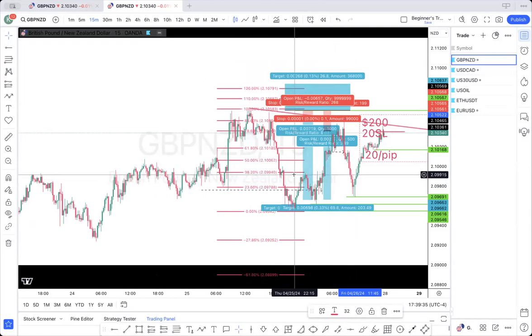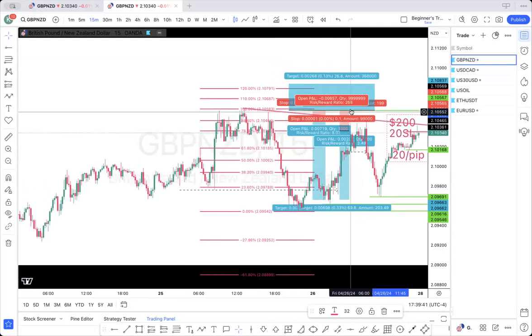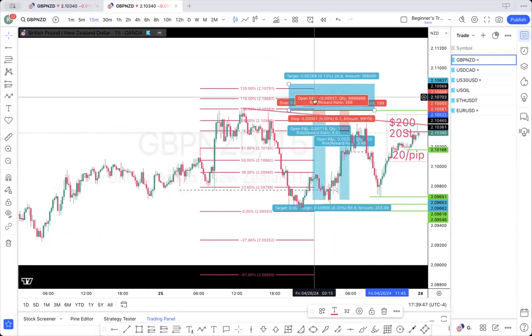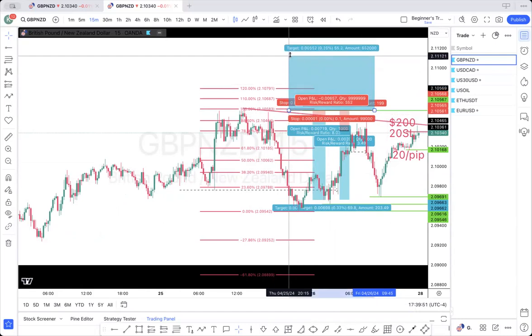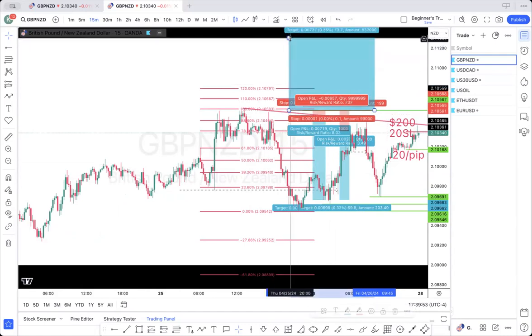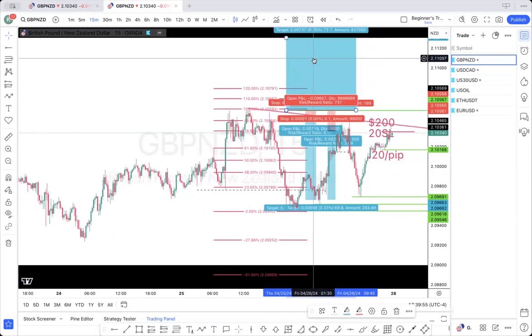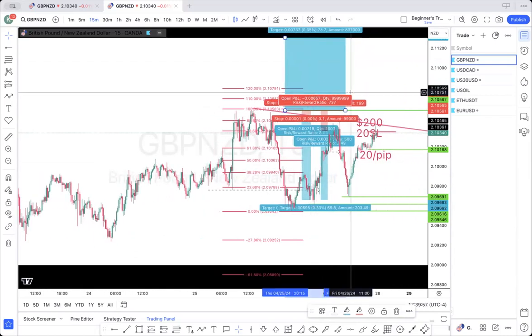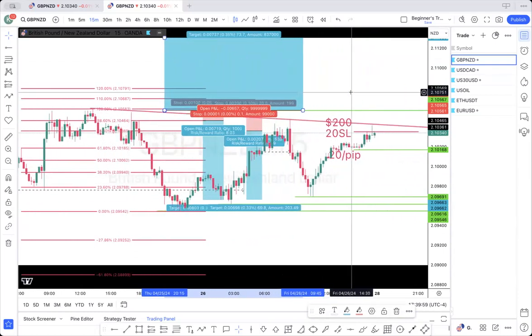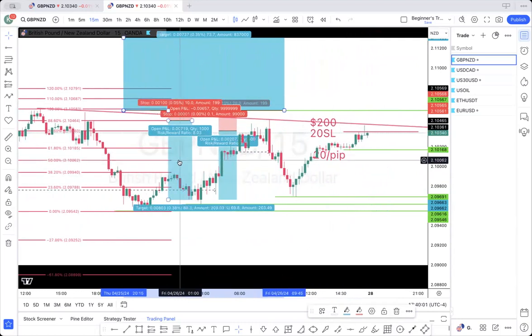Okay. So if price breaks through, you thought price was going to come here and sell, but price breaks through this high, then you want to put a hedge through here.